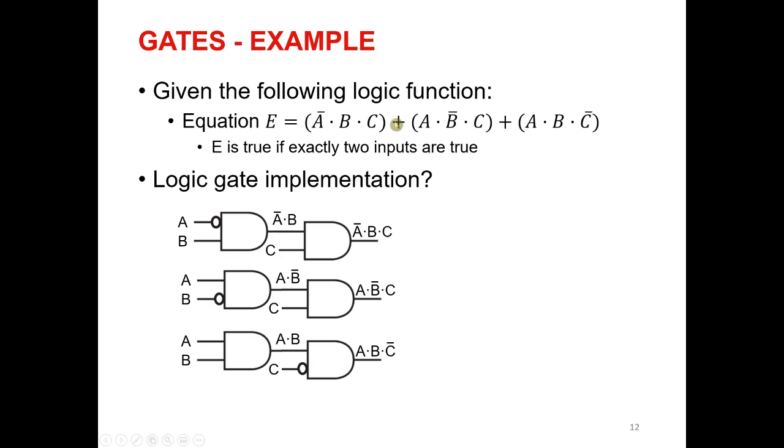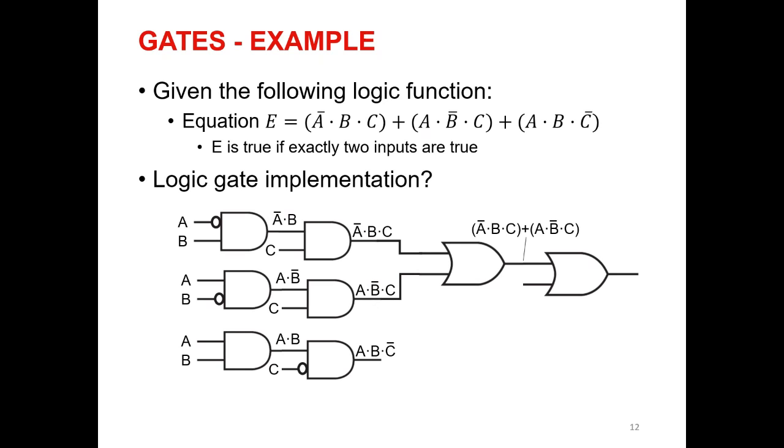So in this case, we add an OR gate here for doing the first OR of those two parts of the equation, and then for the third part, we add another OR gate and just produce the final E value, which will only be true if exactly two inputs are true. Okay, this is the same equation we saw yesterday, but in this case we have seen the gate implementation.